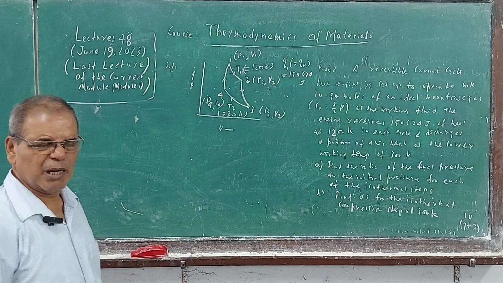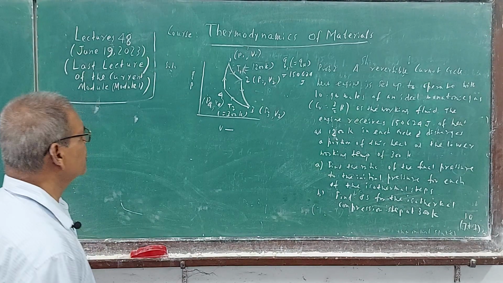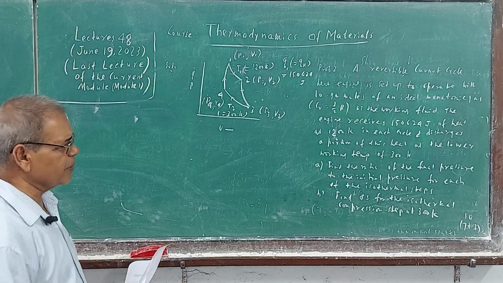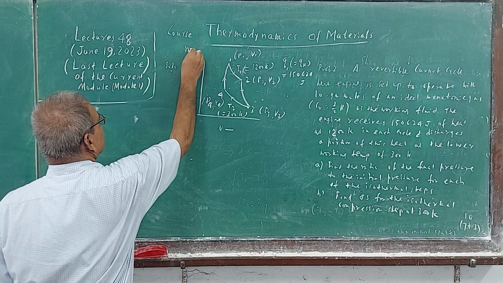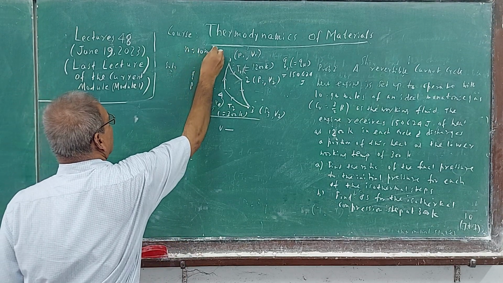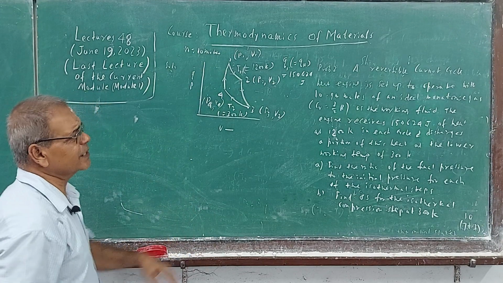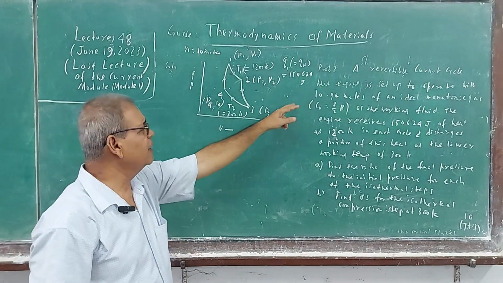You have to find P1 by P2. This is Q1, all given. N is 10 moles. So let us do this the easy way.